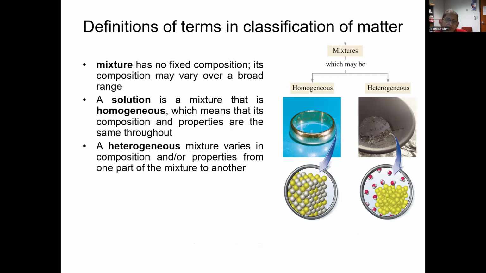An example of a homogeneous solution is a salt solution. Heterogeneous mixtures vary in composition and/or properties from one part of the mixture to another. For example, your Raisin Bran cereal, so you have raisins and cereal in it.